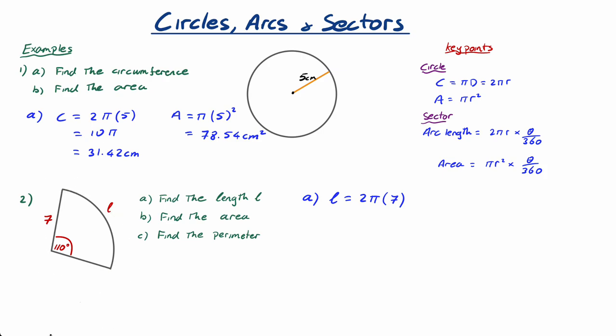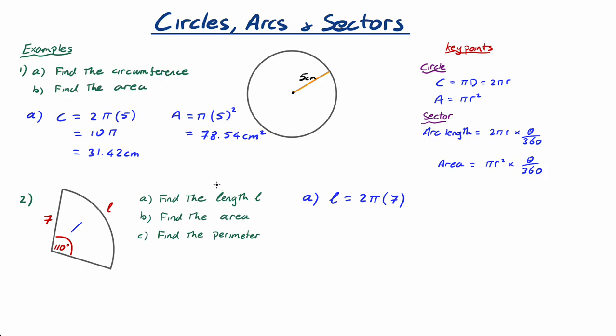If I had the full circle all the way around, I would get 2 pi r. That would be the full length of the circumference. But it's not the full way around. It's only a fraction. So what fraction of the full circle do we have? Well, it's to do with this angle.